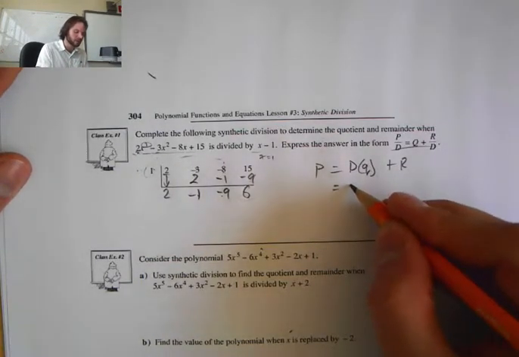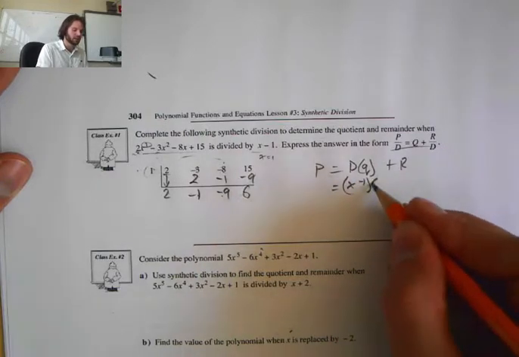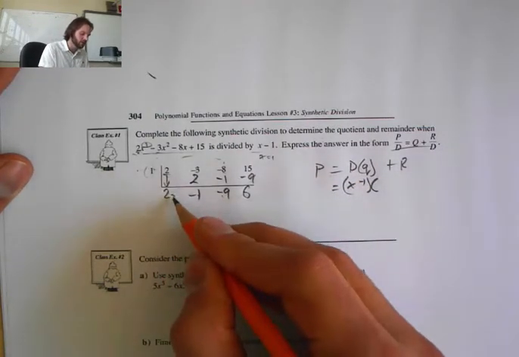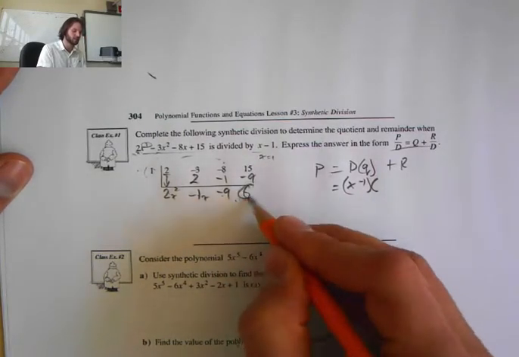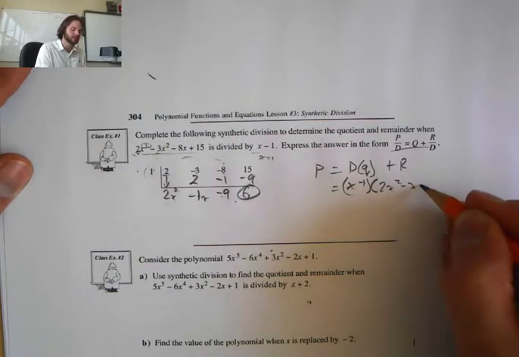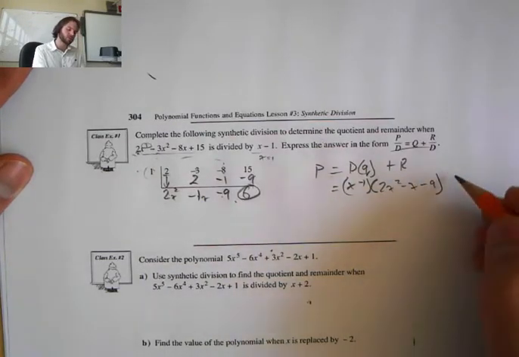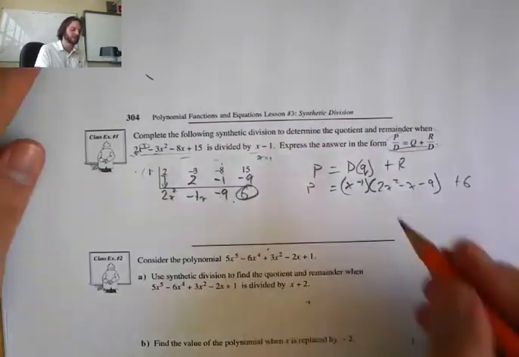So my divisor is x minus 1. And my quotient is, right here, if I look at this, this is x squared. This is going to be x, and that's that, and this is my remainder. So we're going to have 2x squared minus x minus 9, and we have plus 6. Now, I could put this into this term very easily.